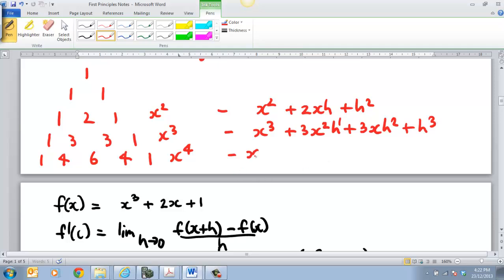So this next term will be x to the 4 plus 4x cubed h plus 6x squared h squared plus 4x h cubed plus 1h to the 4. Hopefully you get that. I've rushed through that, but if you want to ask me about that in a little bit more detail, I'm happy to go through that with you.